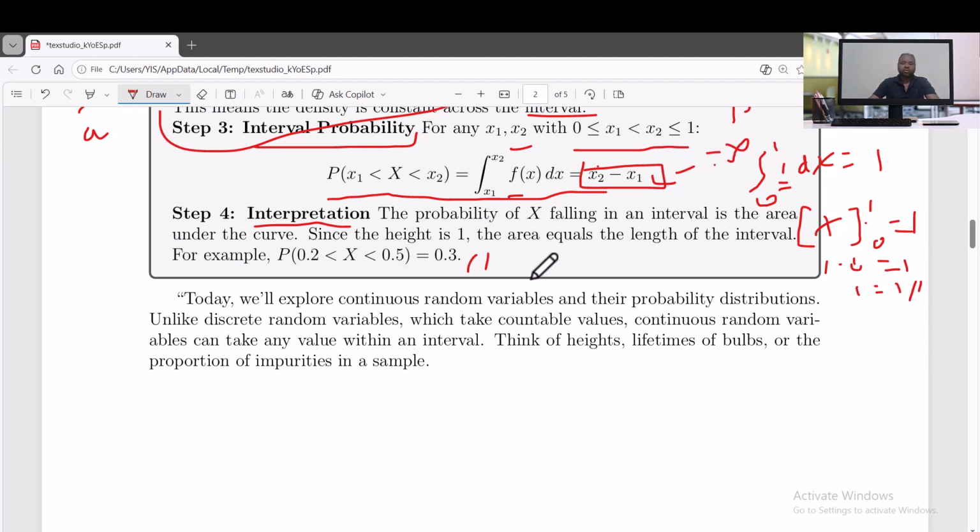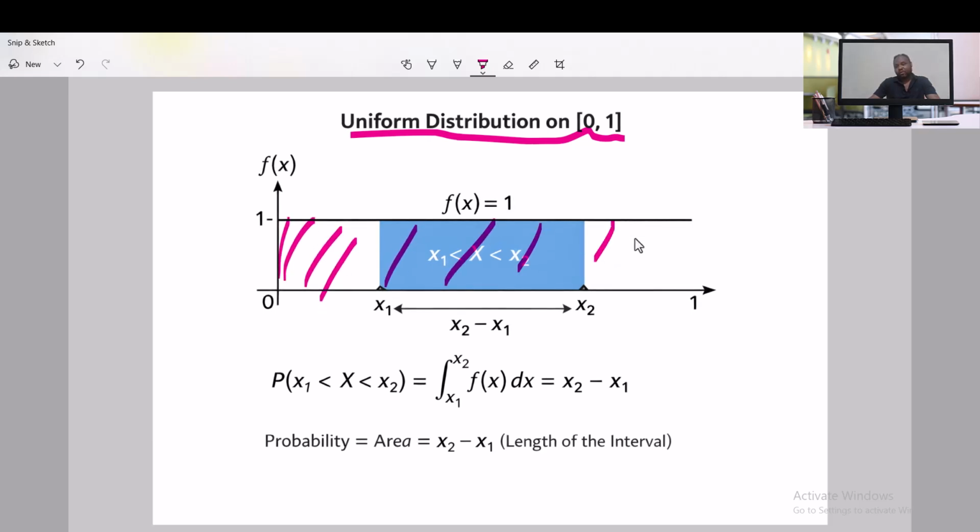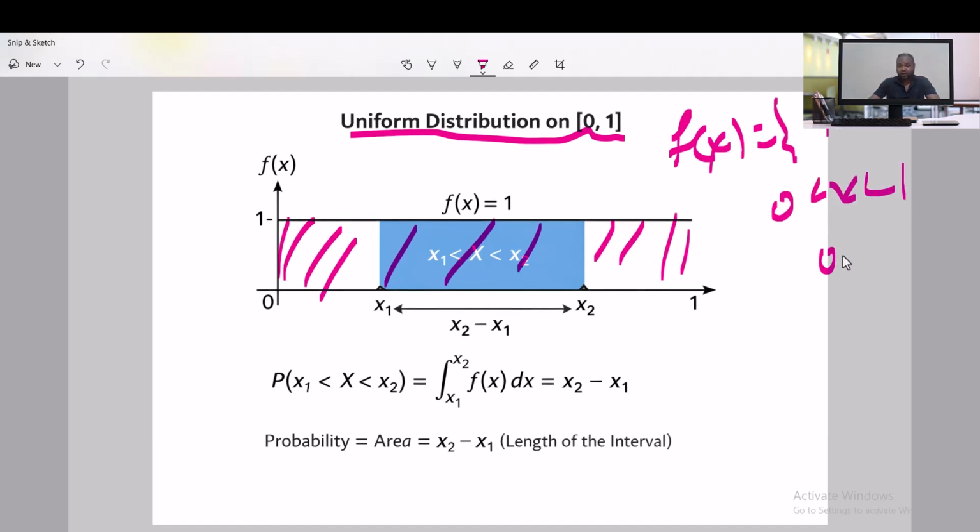Based on this formula, graphically you can understand where the PDF is described by this whole rectangle, right? This is the PDF where f of x is 1 for 0 less than x less than 1, 0 otherwise.